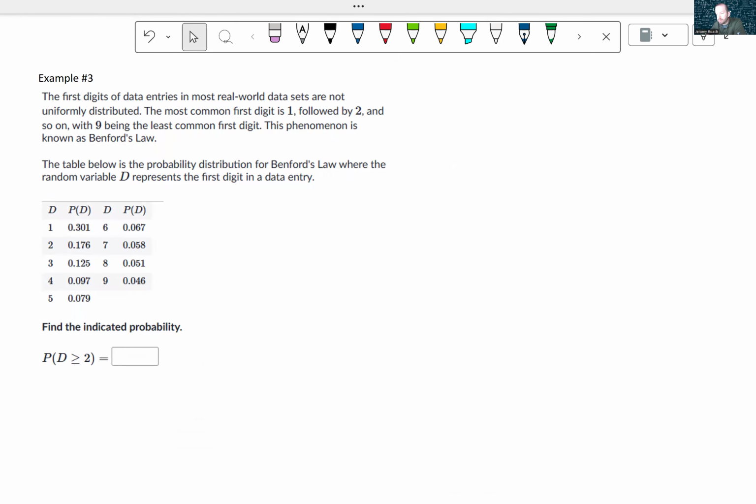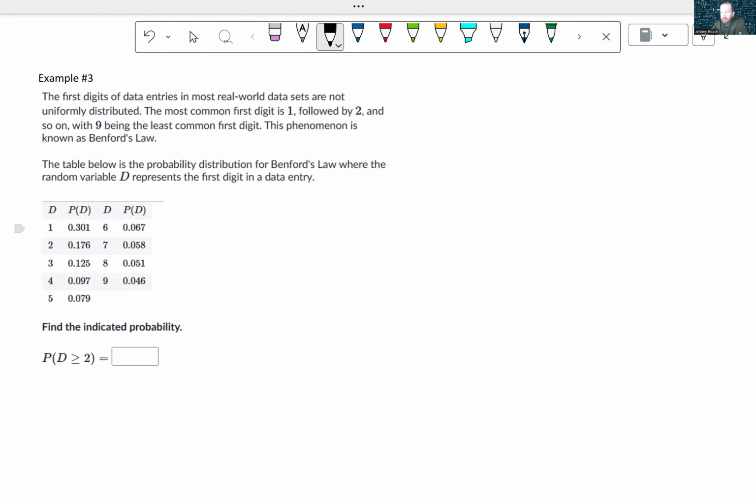And this is again called Benford's law. So we have a probability distribution for the probability of these numbers appearing first. You can see 1 is the most probable at about 0.3, or 30% probability, that a 1 shows up first in a list of numbers.